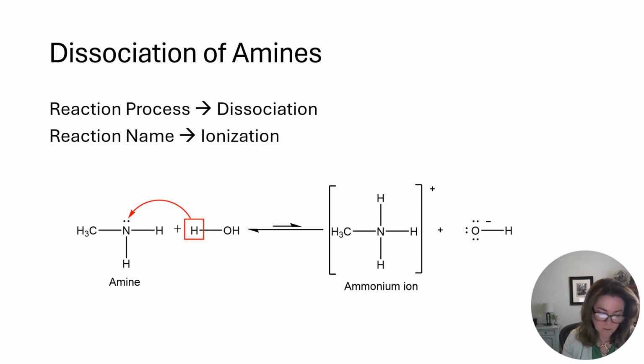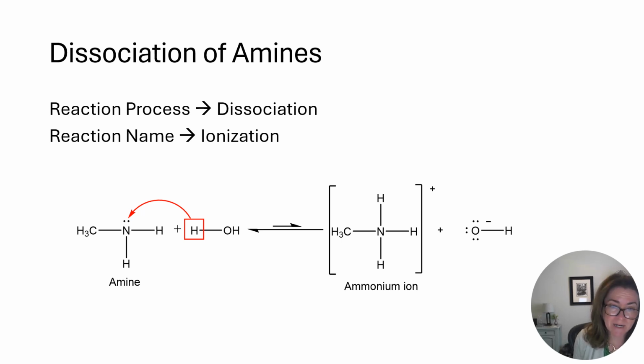Okay, so like I said, our reaction here is dissociation of amines. The process is dissociation. You may see this written as ionization. So essentially what's happening here is, remember that those nitrogens in amines have that lone pair, which means that they can act as a proton acceptor.